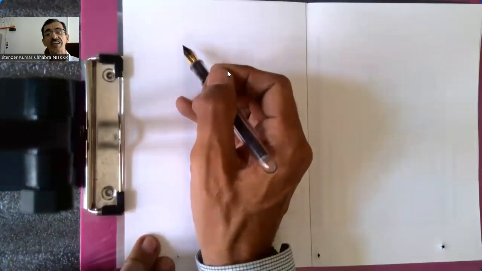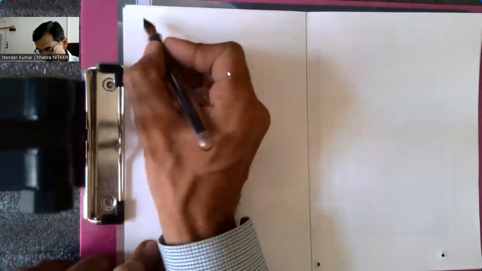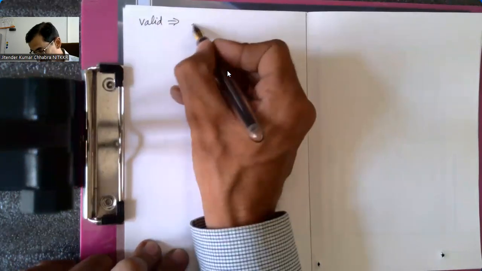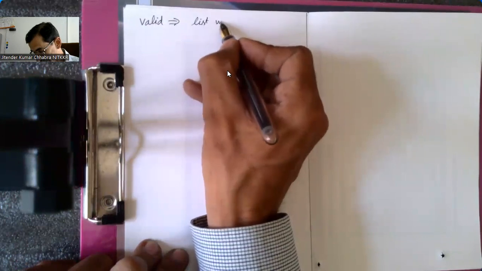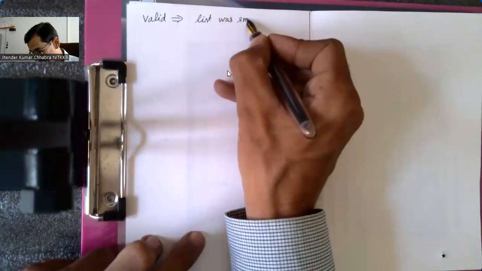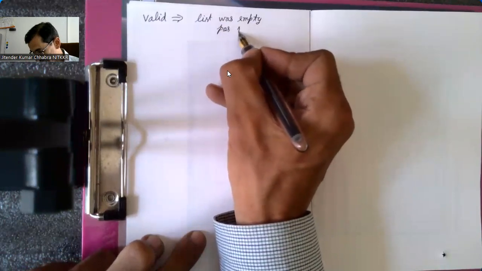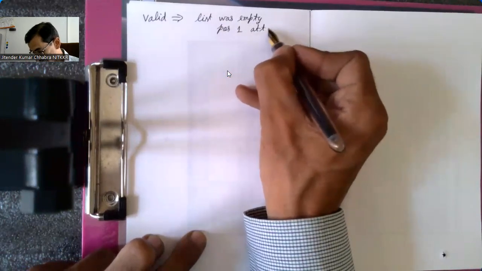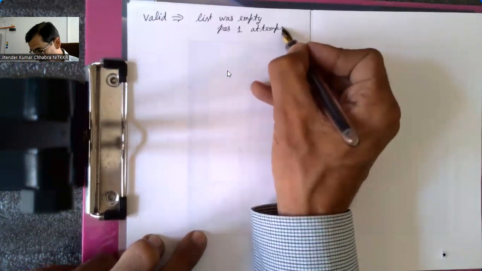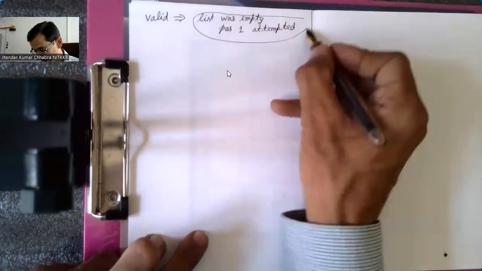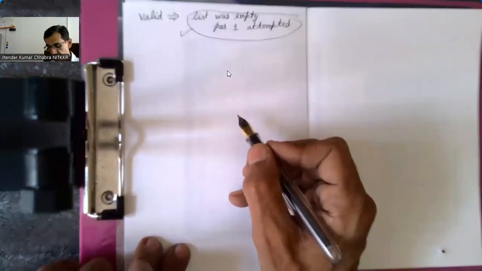Similarly, just think that for a valid situation, it should work. Valid also means if the list was empty and insert at position 1 was attempted, it should work. That is also perfect because position equal to 1 has been working without much difficulty. So this will still work.